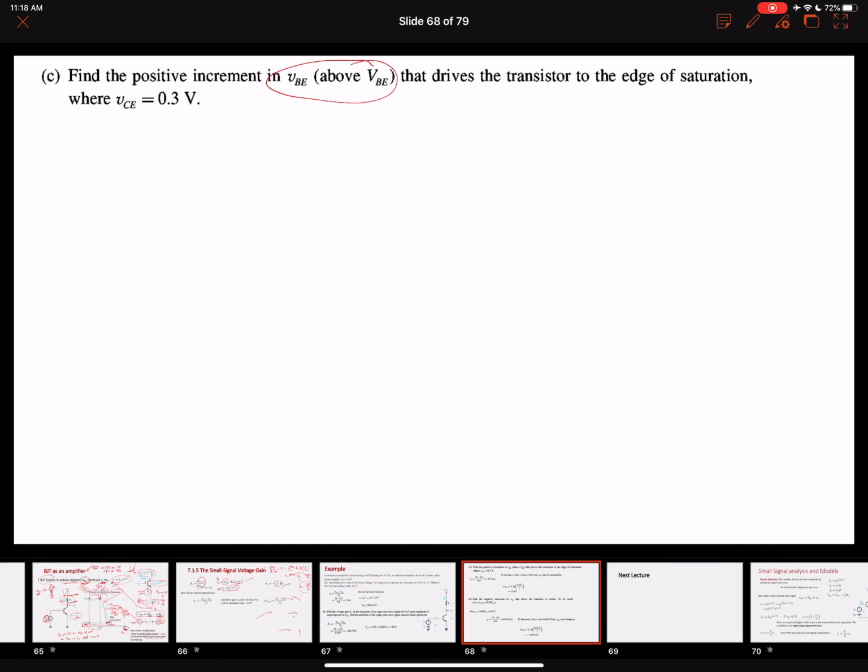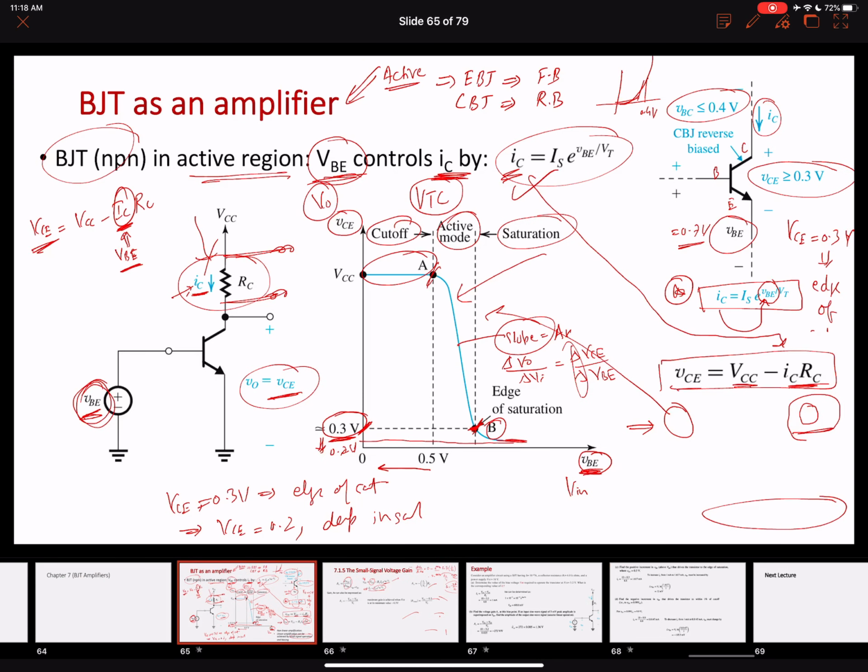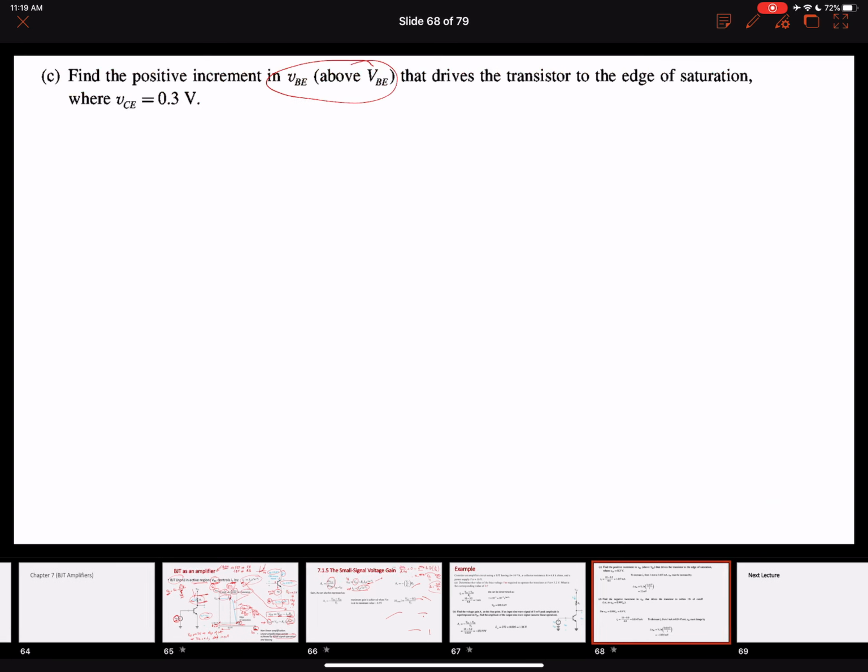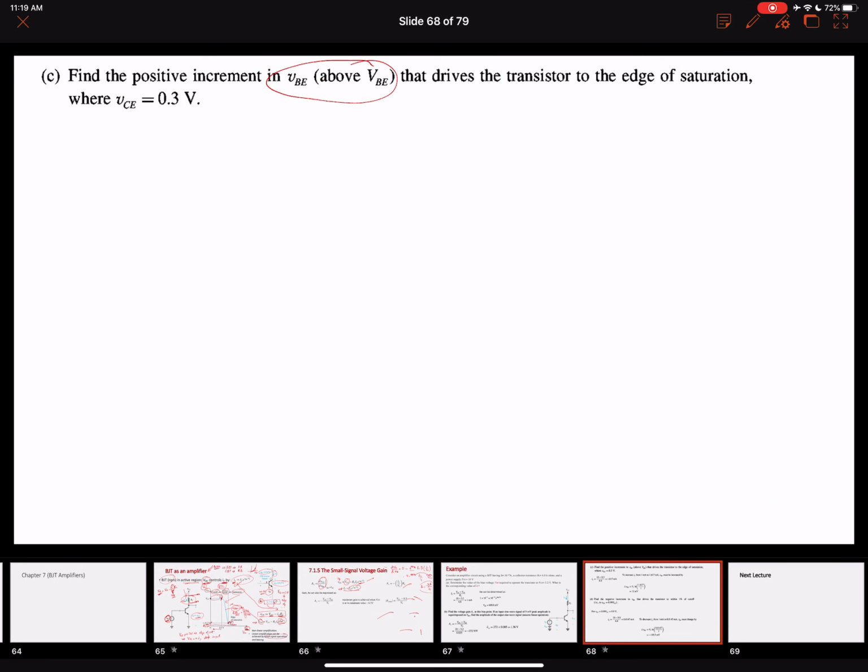We want to make sure that our transistor is operating in this region between A and B. So we are interested in finding the change in VBE that will result in the transistor going exactly to point B, the edge of saturation. We know that at the edge of saturation, our VCE equals 0.3 volts. So essentially, we're going to do exactly the same things again.